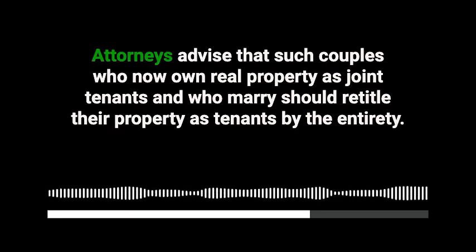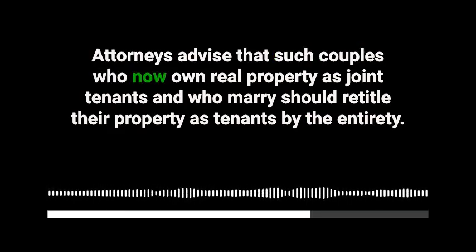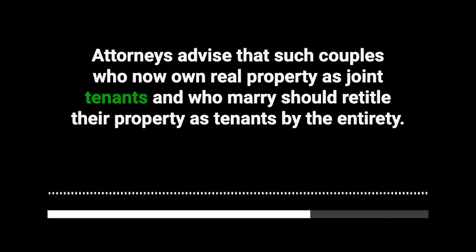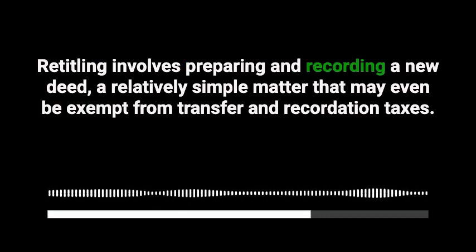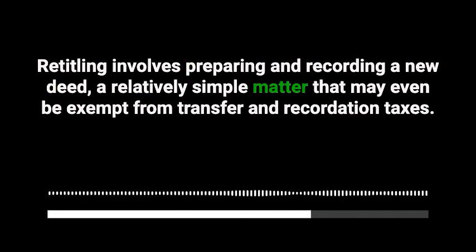On June 27, 2015, the U.S. Supreme Court ruled that gay marriages are legal across the country. Attorneys advise that such couples who now own real property as joint tenants and who marry should redeed their property as tenants by the entirety. Redeeding involves preparing and recording a new deed, a relatively simple matter that may even be exempt from transfer and recordation taxes.